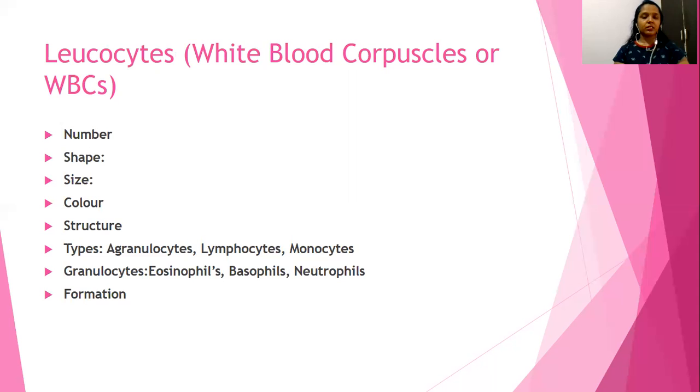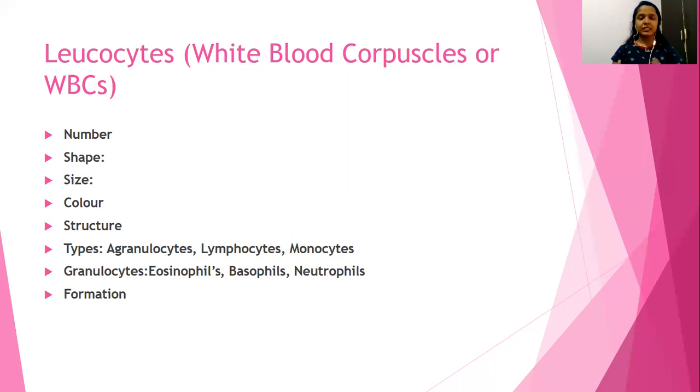The structure of the white blood corpuscles includes a cell membrane, nucleus, and cytoplasm. Based on the presence or absence of granule-like components, we can differentiate white blood corpuscles into two types, that is agranulocytes and granulocytes.